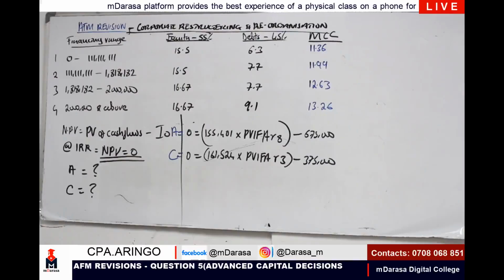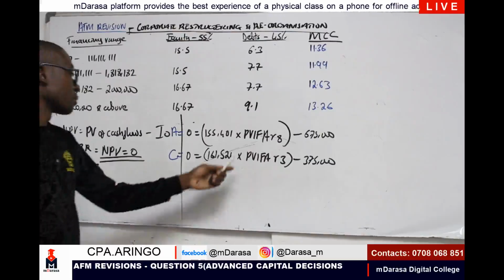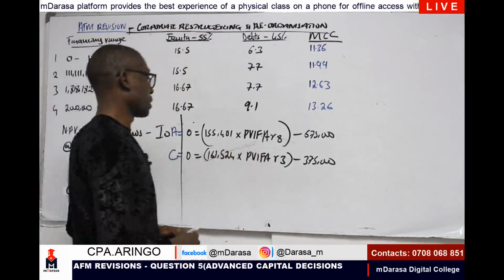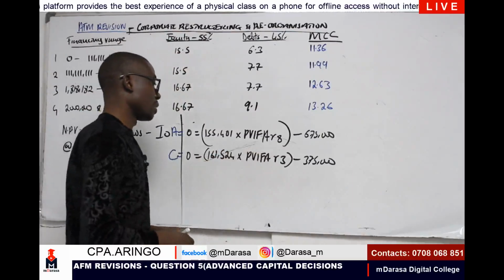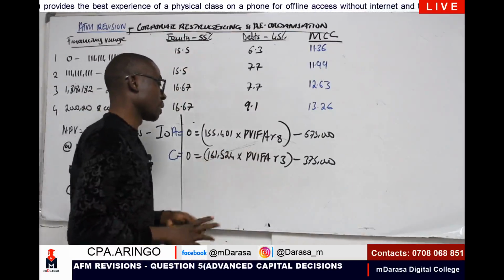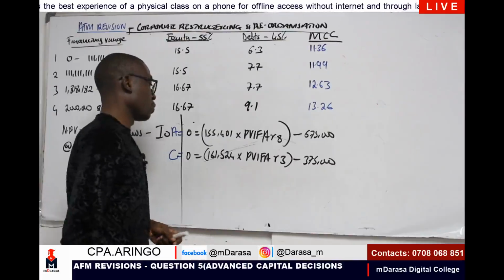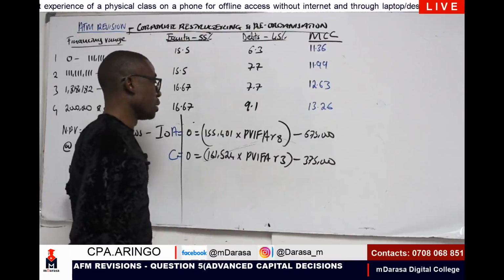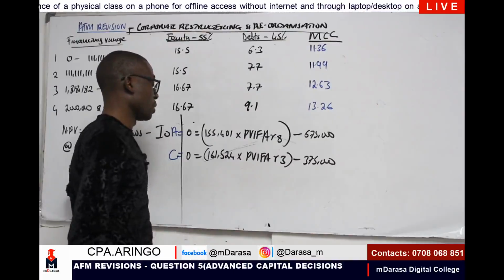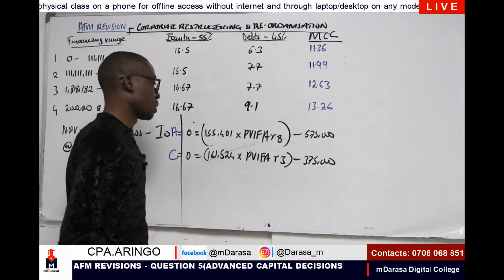So make present value interest factor annuity given the rate. You don't have the rate, but the number of years, which is 8, to be the subject of our formula. So how are we going to work it out, right?